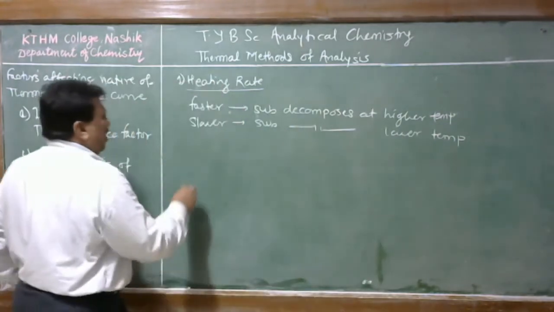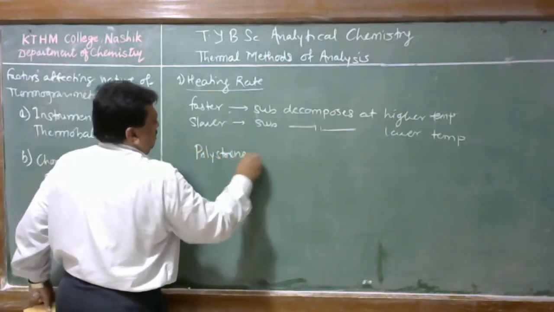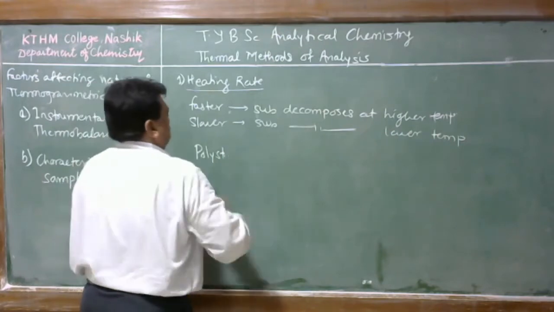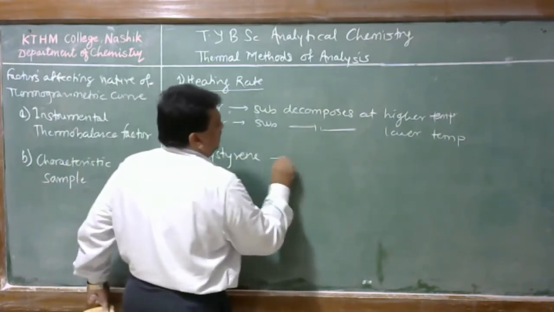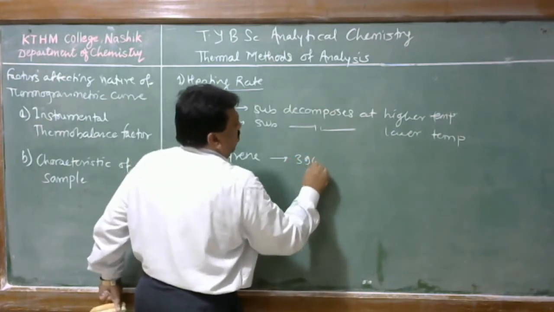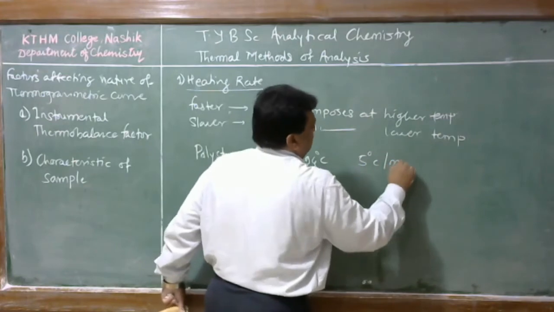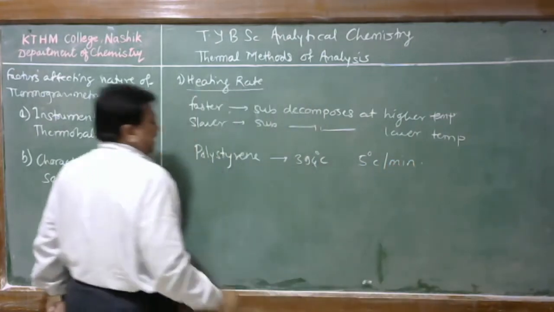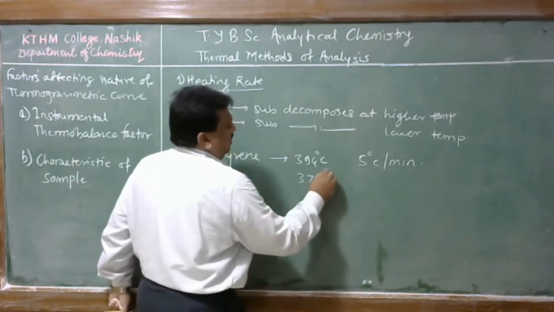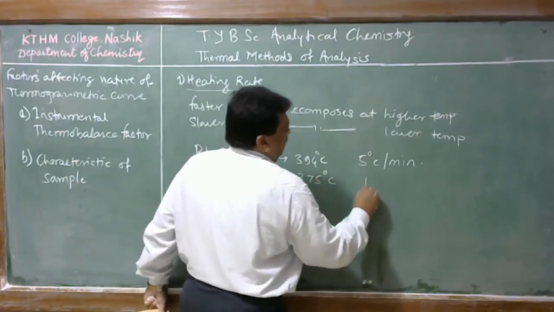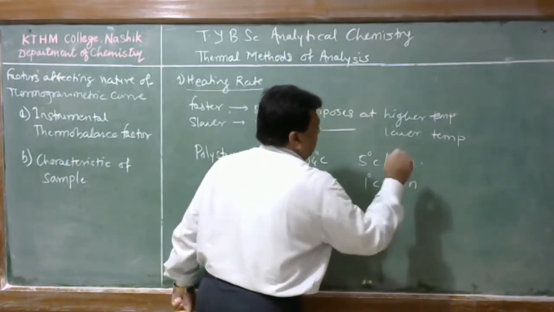For example, polystyrene decomposes at 394 degrees centigrade when the heating rate is 5 degrees centigrade per minute, and the same compound decomposes at 375 degrees centigrade when temperature change is 1 degree centigrade per minute.